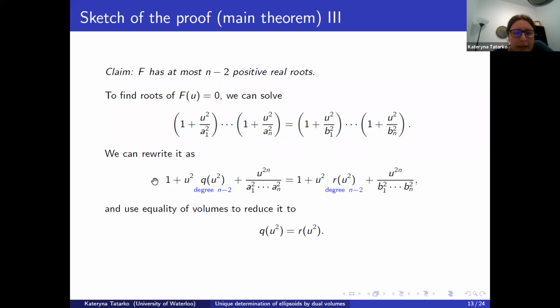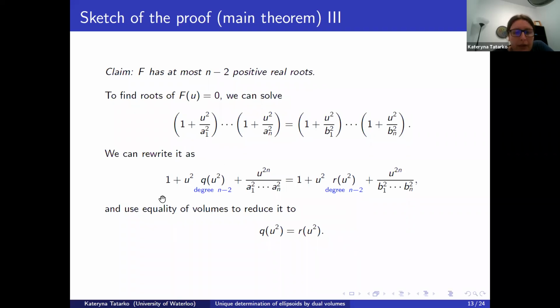I will separate the constant term, which in both cases is equal to 1. I will also separate the largest power of u on both sides, which will have this coefficient, the reciprocal of the square of the product of semi-axes. And the remaining terms will be just some polynomial, but I know that this polynomial will be of degree at most n-2 in the parameter u squared.